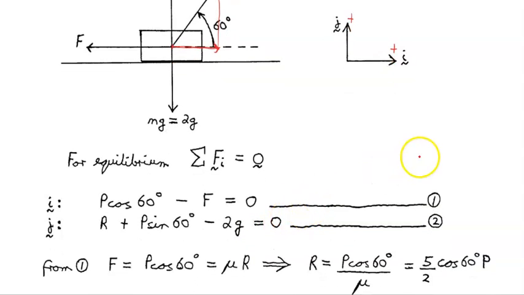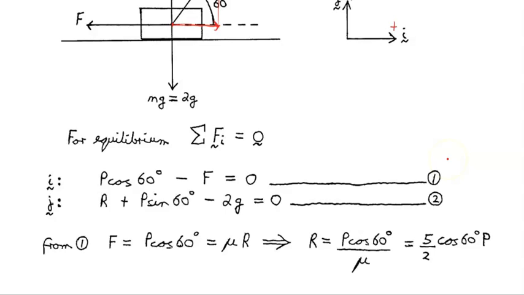Now, from equation 1, we can write F is P cos 60 degrees, and that's equal to mu times R. So P cos 60 degrees is equal to mu times R, and we get R, the reaction force, is P cos 60 degrees on mu, which is 5 on 2, because remember the coefficient of friction was 2/5.